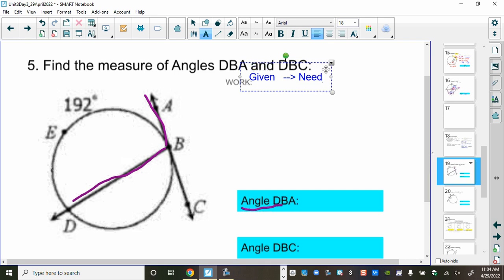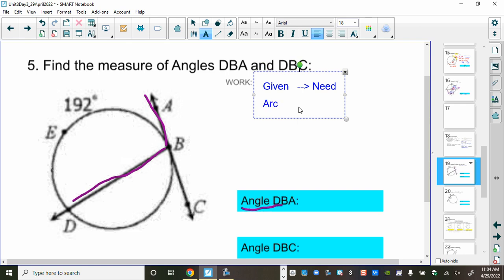Out of everything that's given to us, what's the one thing that was totally given to us? Were we given an arc or an angle? Look at our diagram. 192, that's an arc. So we need an angle.